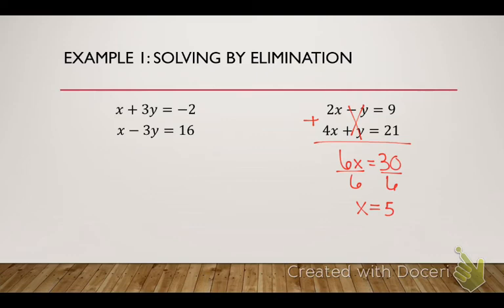Okay. Now what did you do to solve for y? Like, how'd you solve for y? Okay. I solved for one, so I use 2 times 5 minus y equals 9. So 2 times 5 minus y equals 9.